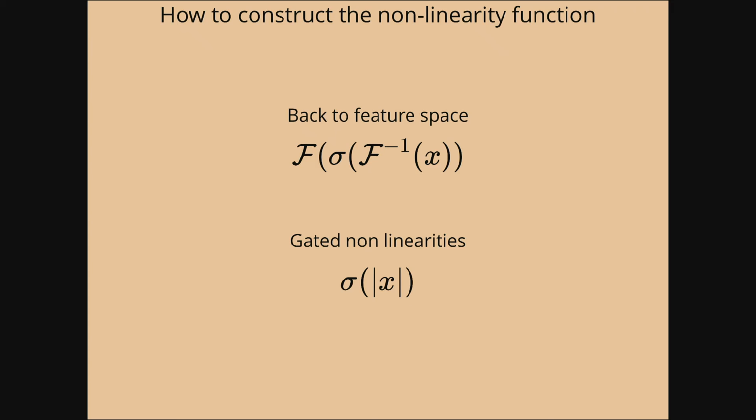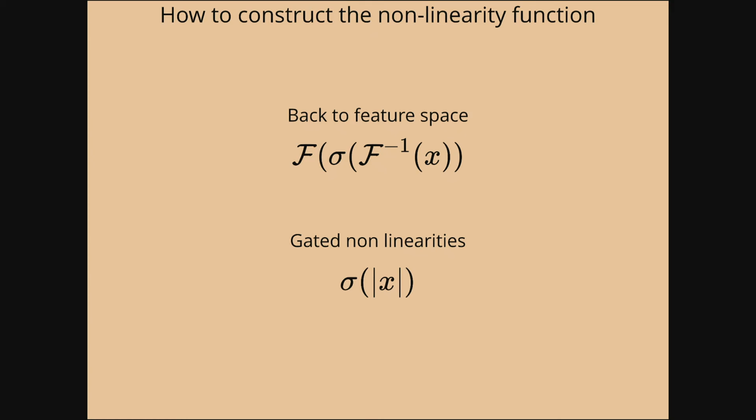So if we want our function to be equivariant, if you want our nonlinearity not to break our equivariance, we have to either go back to the feature space by an inverse Fourier transform, then apply our standard nonlinearity, and then once more go back to the Fourier space to do the computation.